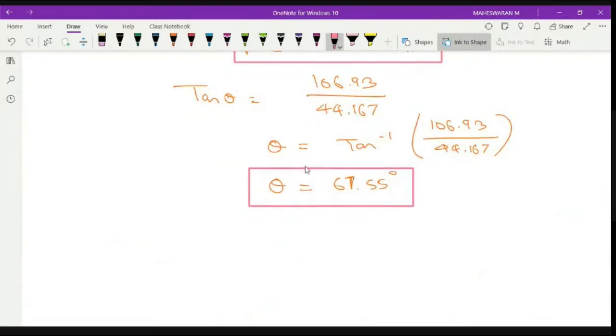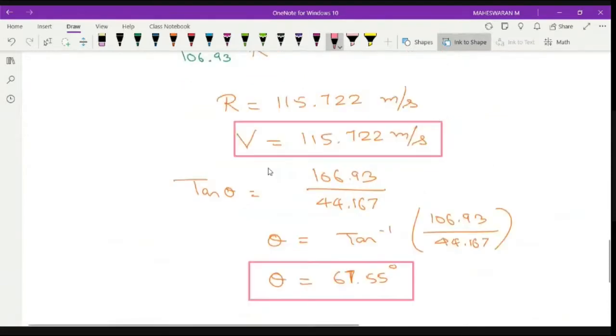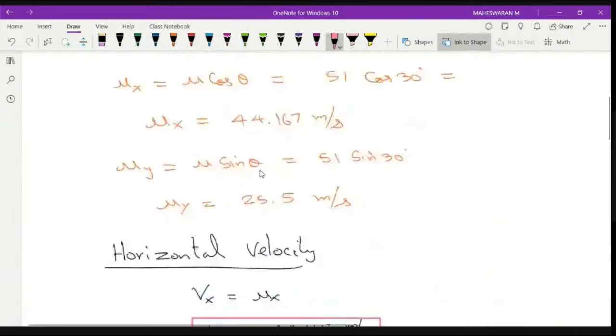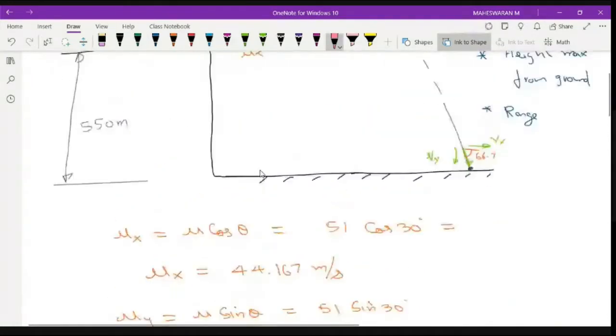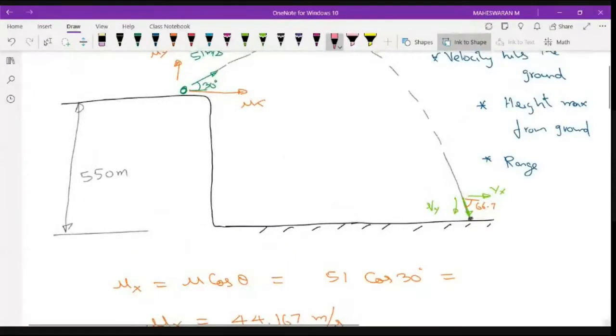Both are important. So this part is over. The next one is, just a minute.